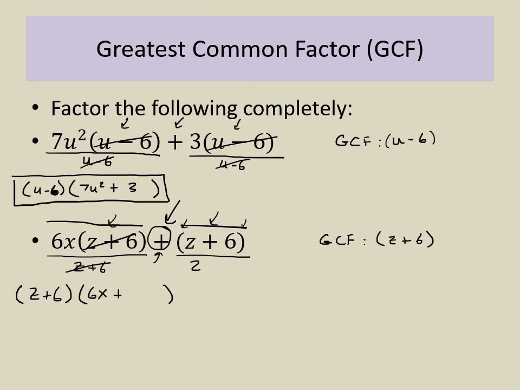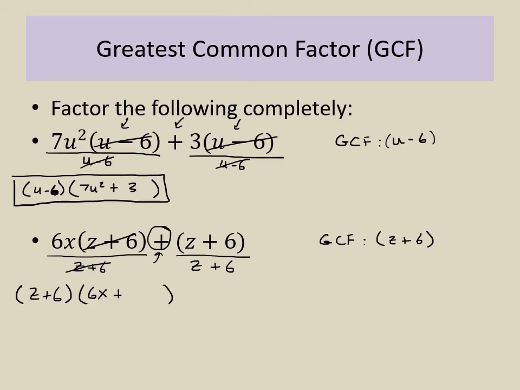What happens if I divide this by z plus 6? Think about it. Does it disappear? Does it go away? Does it become 0? What is z plus 6 divided by z plus 6? Well, what is anything divided by itself? What is 2 divided by 2? What is 5 divided by 5? What is z divided by z?